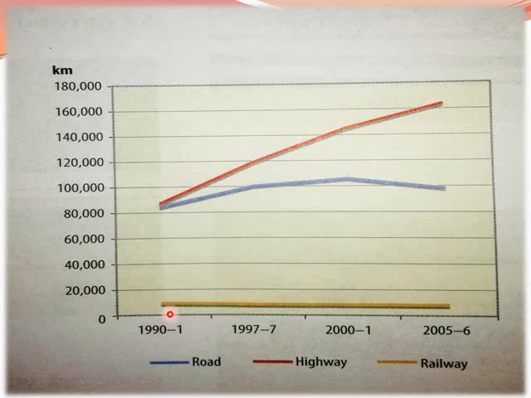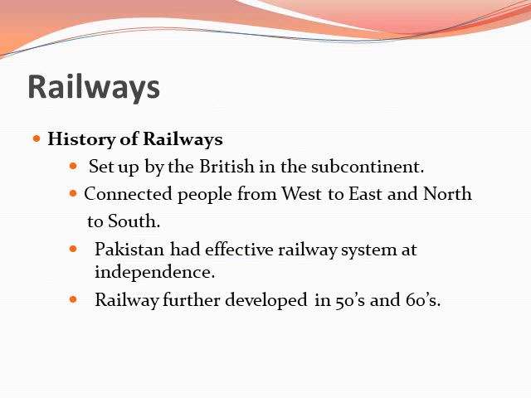and here you can see this yellow line shows continuous decline of railway. So the railway system in the subcontinent was set up by the British, they laid tracks and connected people from west to east and north to south.